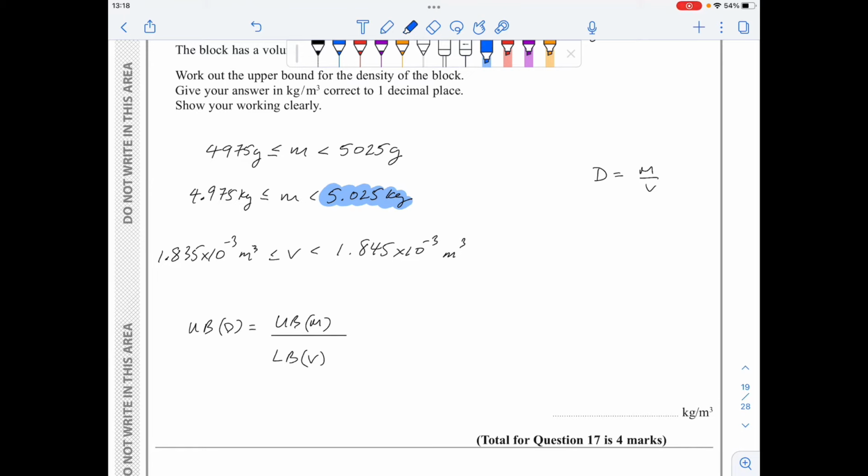So let's write this down. 5.025 over 1.835 times 10 to the minus 3, and the calculator will give me 2,738.4 kilograms per cubic meter.